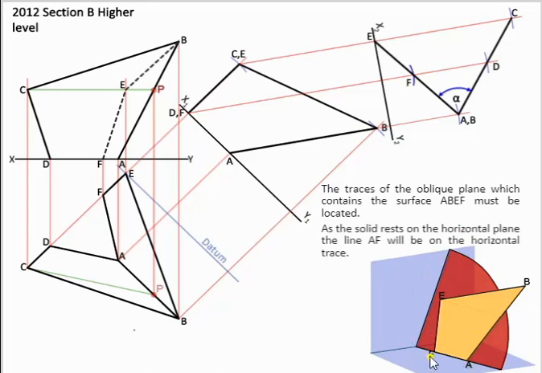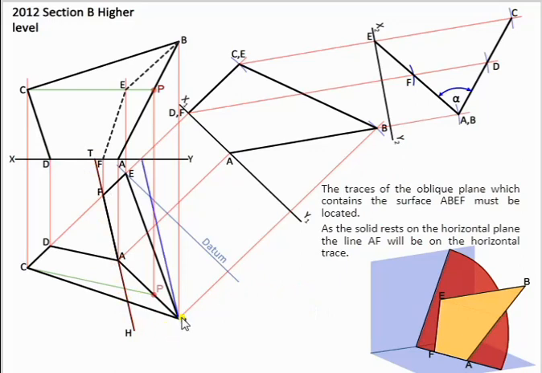What you notice is, because AF is on the ground, that is a piece of our horizontal trace. So if we extend AF, we can find our horizontal trace. Then on the back wall we have the vertical trace, so we'll see how we find that. In plan we're able to draw our horizontal trace very easily.